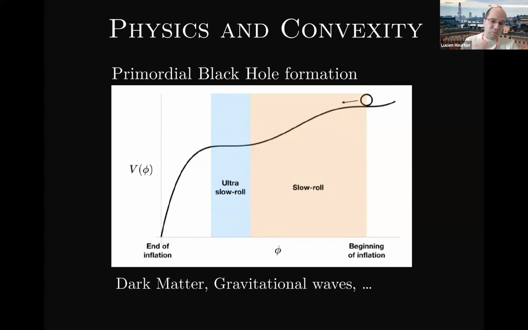So basically, a lot of perturbations at the same scale can lead to gravitational collapse on those scales. And if those perturbations are large enough, you might have a dense enough perturbation that they could form a black hole.